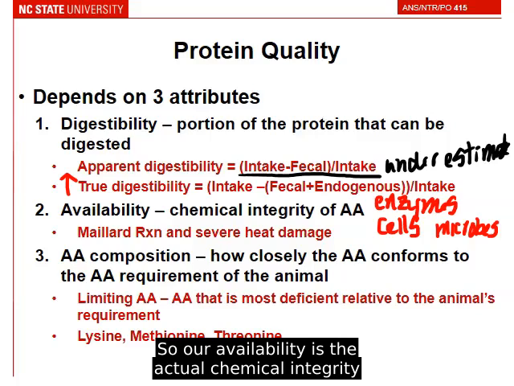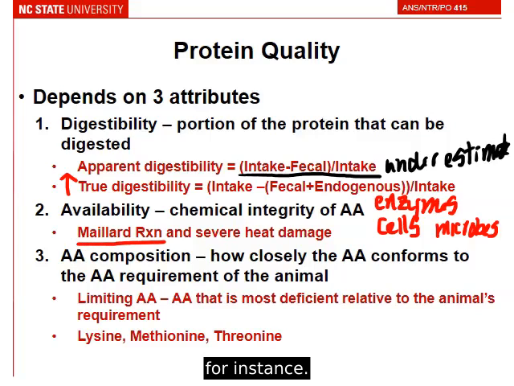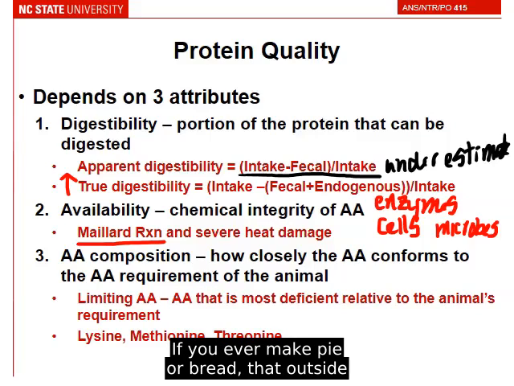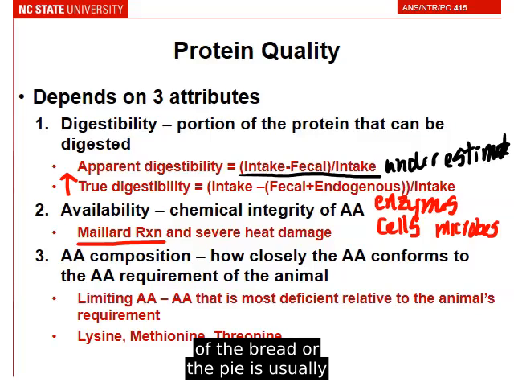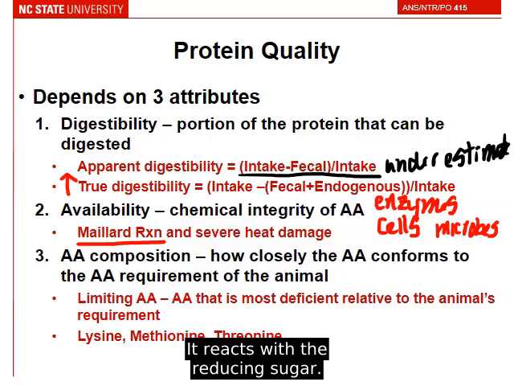So our availability is the actual chemical integrity of the amino acid. So if we have the Maillard reaction, for instance, so the Maillard reaction is a browning reaction. If you ever make pie, or bread, the browning of the outside of the bread or the pie is usually caused by the Maillard reaction. So it is the interaction with the amino acid, specifically lysine.